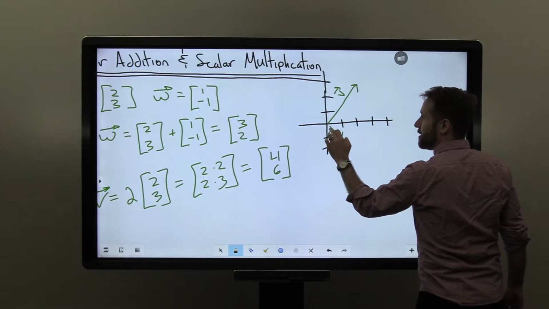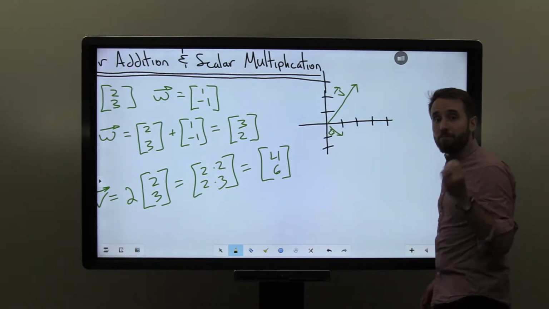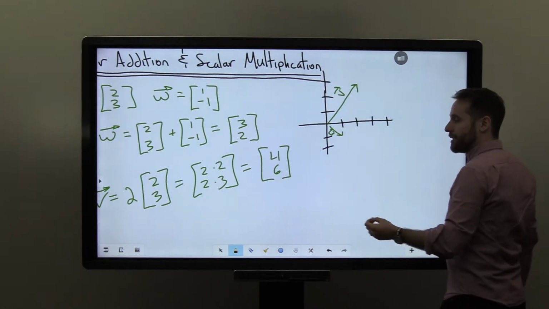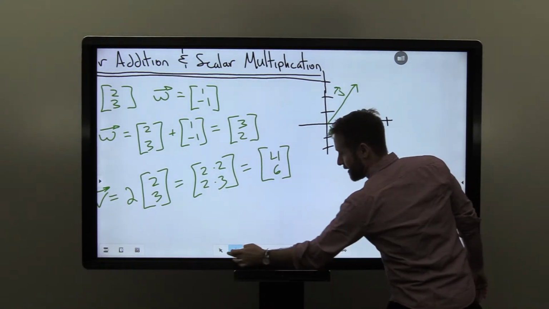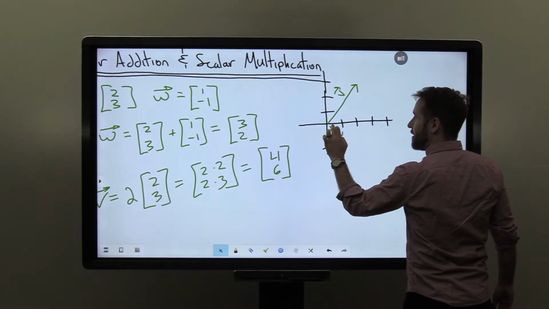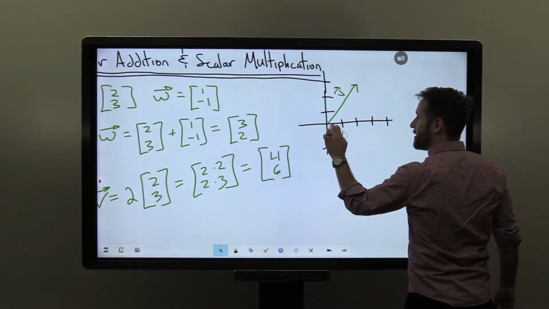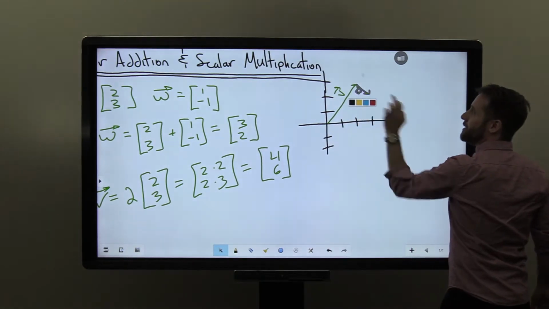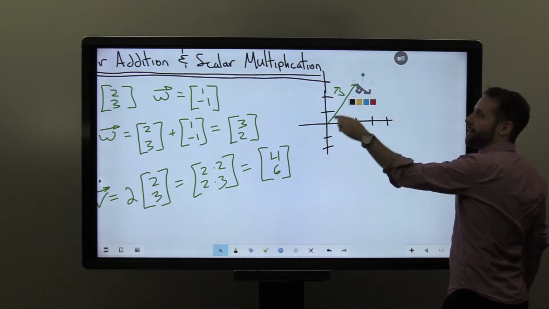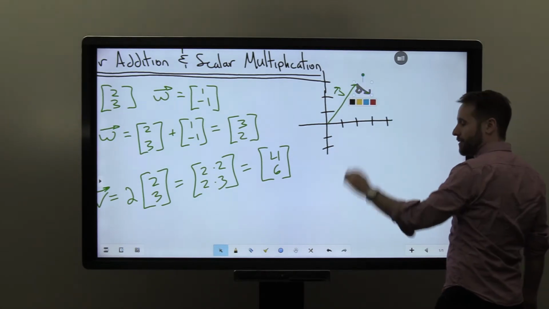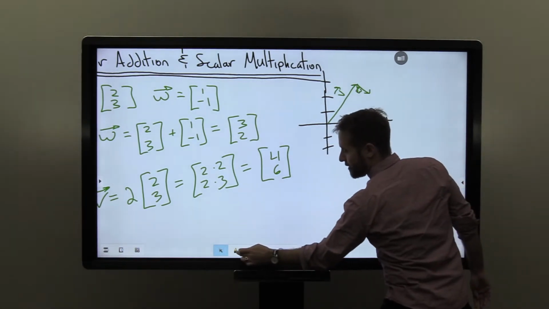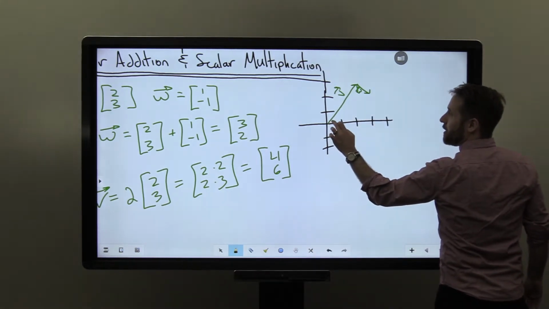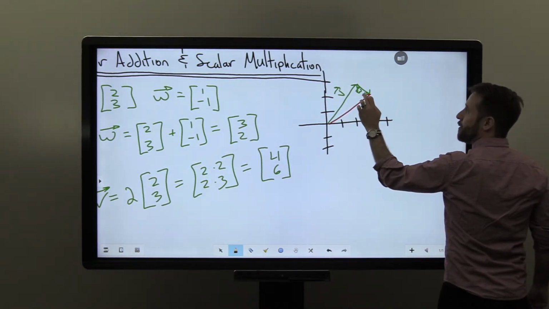That's w. Then v plus w is the vector I get when I take this vector here and drag it on up, tip to tail like that. So v plus w will be the vector that points from the origin to this new point right here.